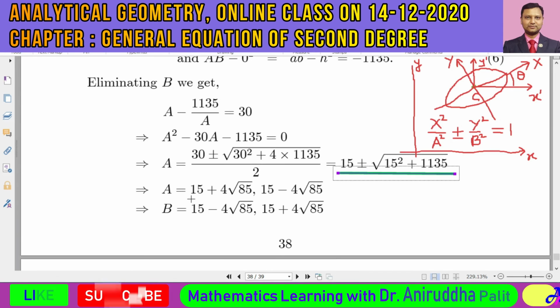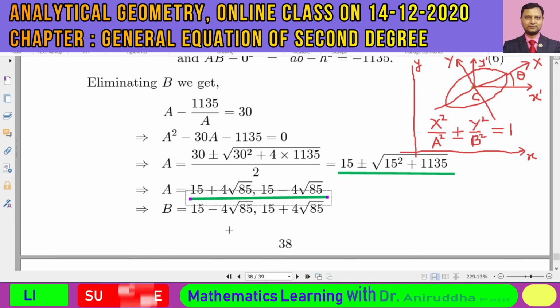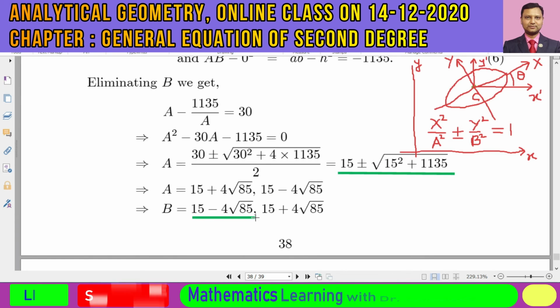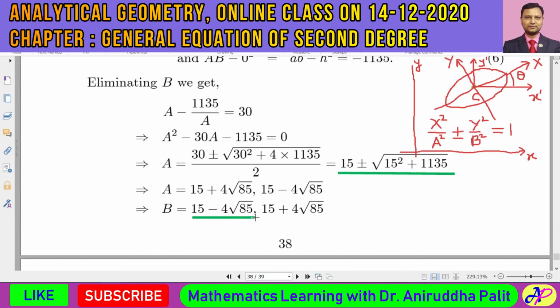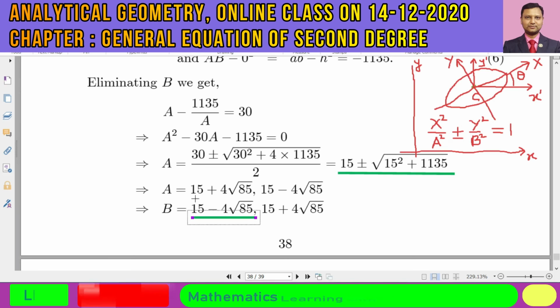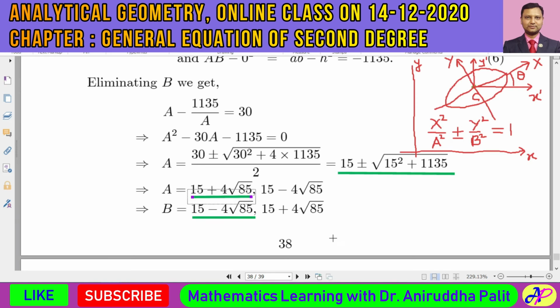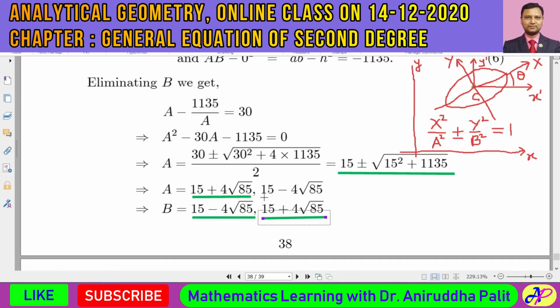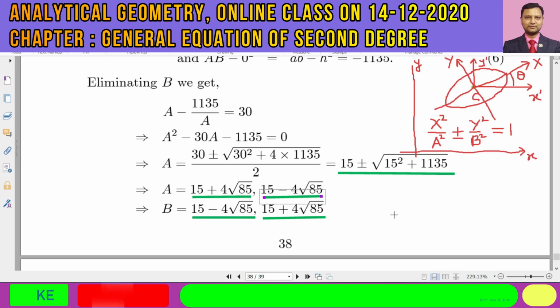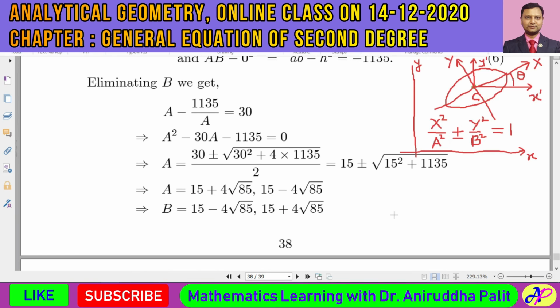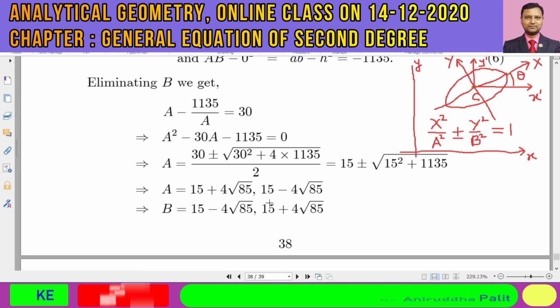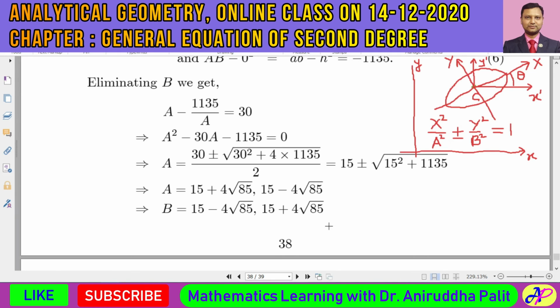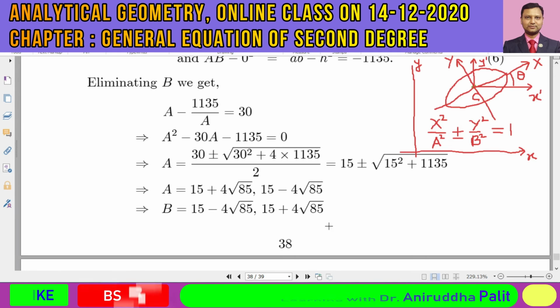So we actually have two values of capital A, and for these corresponding values of capital A, we have the values of capital B. So this is the first value of capital B corresponding to this first value of capital A. Similarly, this will be the second value of capital B corresponding to this second value of capital A. And you observe over here that these values are just getting interchanged. That is a very important observation.